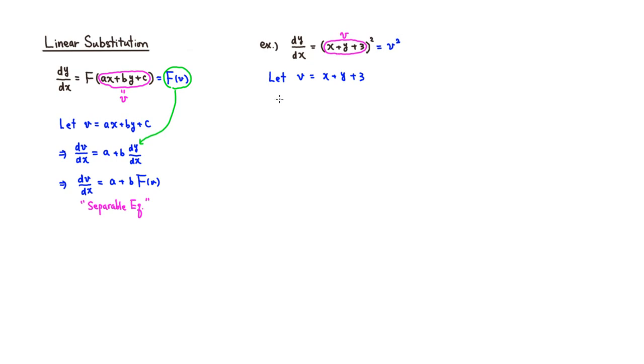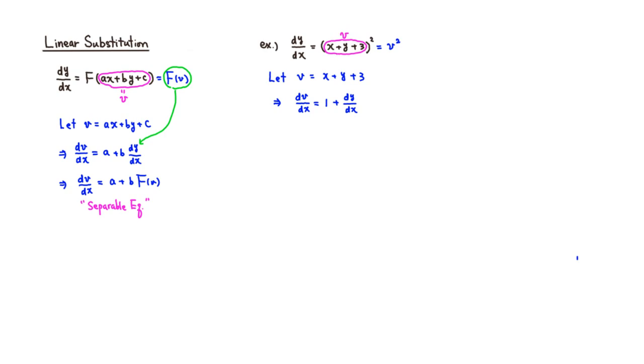So as usual, I'm going to take the derivative with respect to x. So we have dv over dx is equal to derivative of x is 1, and derivative of y would be dy over dx, right? And the derivative of 3 is 0, so it goes away.